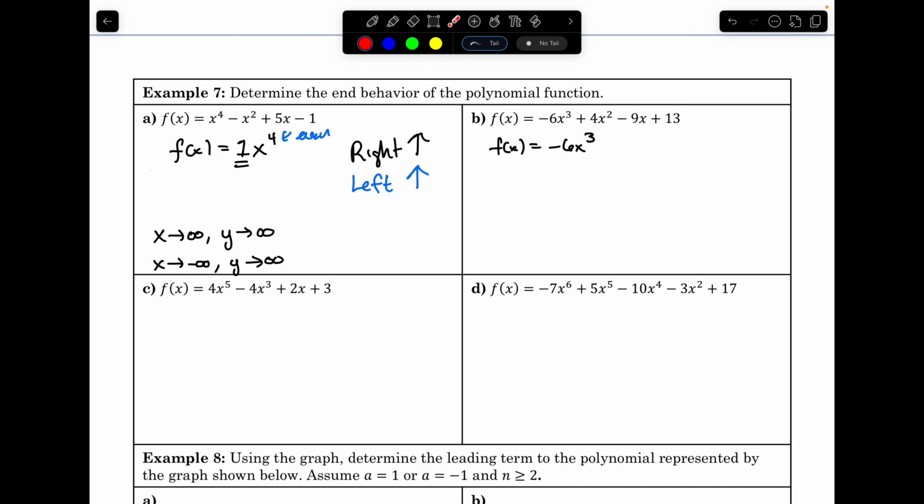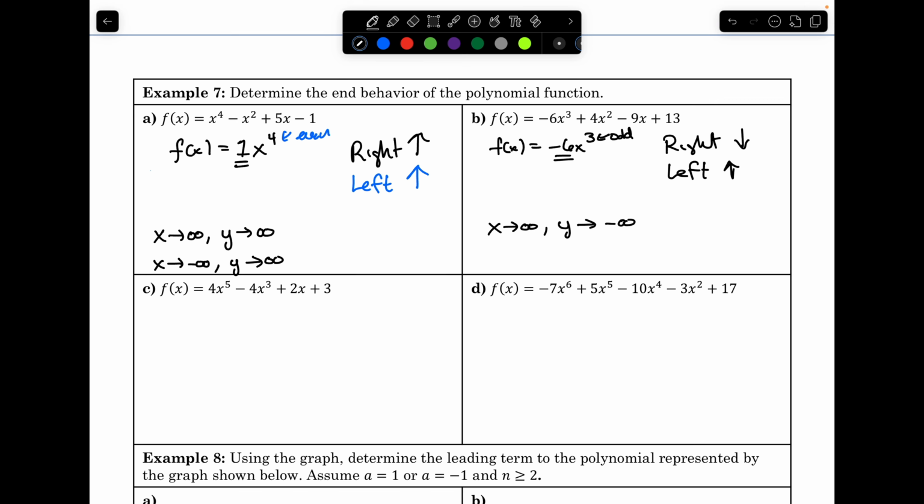So because this number is a negative number, first again with the right side. Since the leading term has a negative coefficient, that means that the right side is going to go downwards. And since this number is odd, that means that the left side is going to go in the opposite direction. Odd for opposite. So using arrow notation, as x approaches positive infinity, the y value is moving downwards to negative infinity.